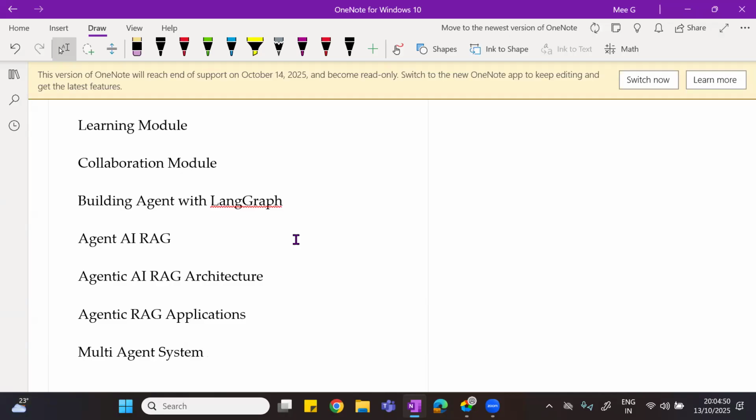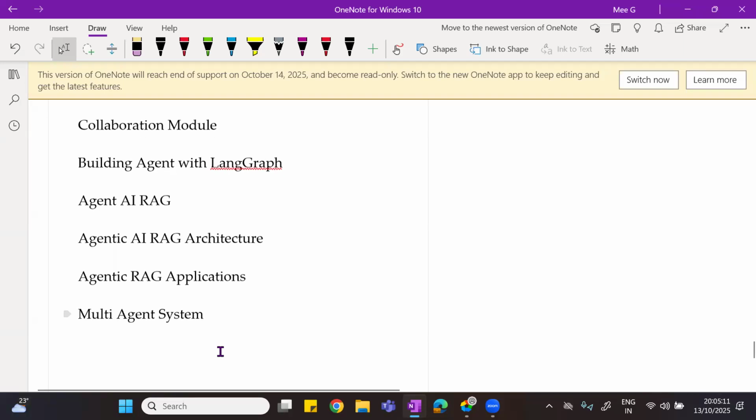Okay. And then we are also going to see CrewAI. One is LangGraph, there is CrewAI and AutoGen. These are some of the different libraries we are going to see.